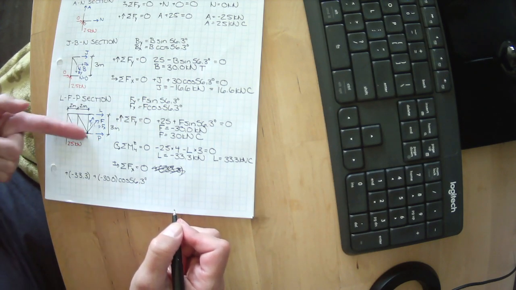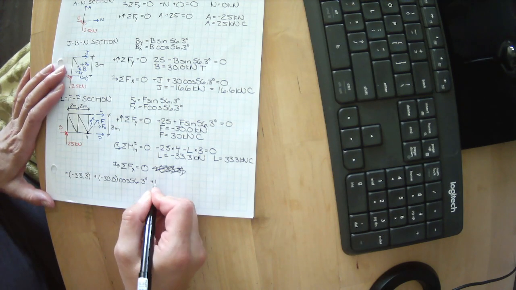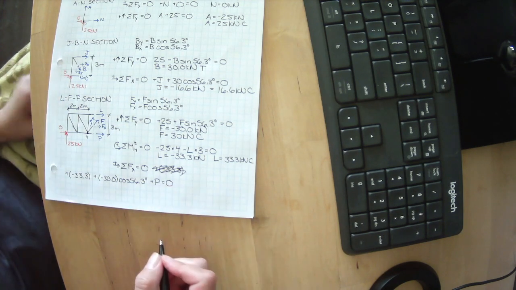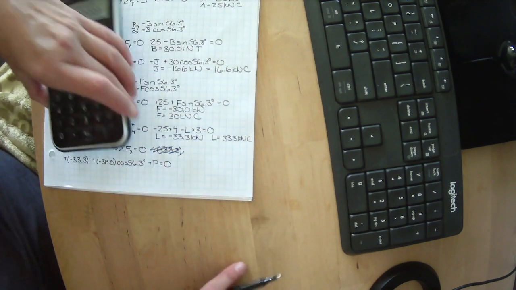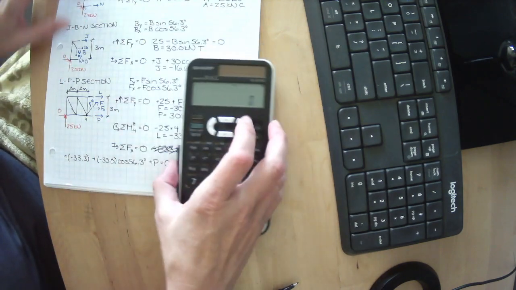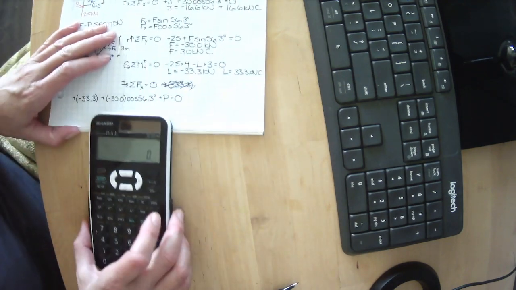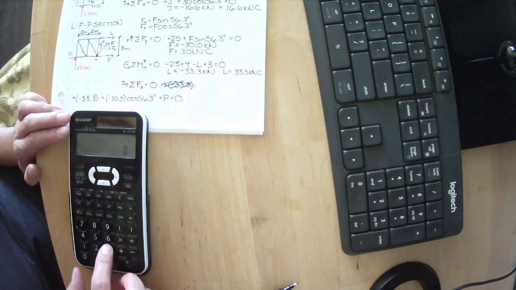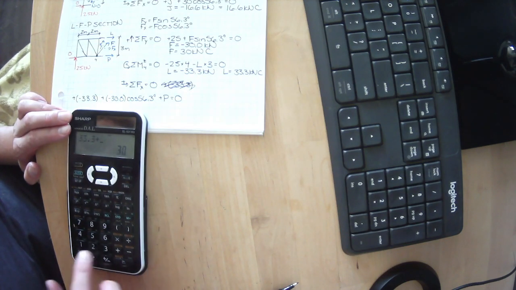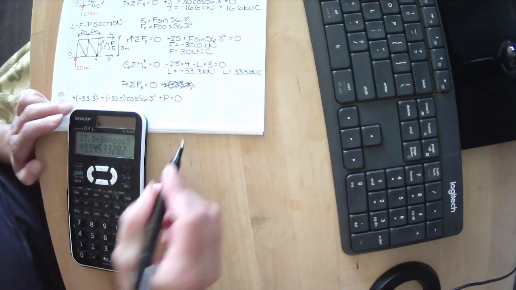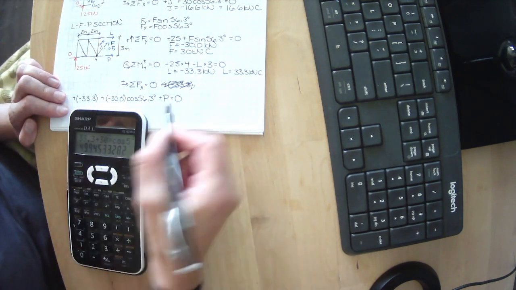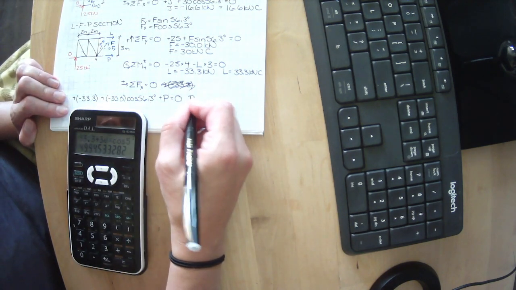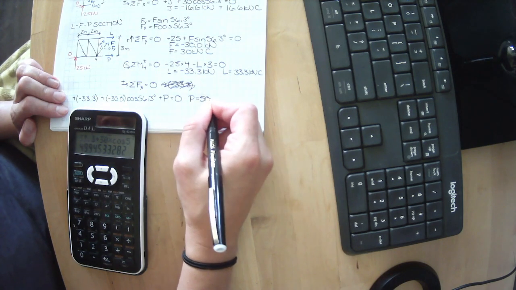And then we have P also going in the positive direction. So we can now solve for P. We have 33.3 plus 30 times the cos of 56.3 equals, I'm going to round this because I know that had I kept more significant digits here, P equals 50 kilonewtons.